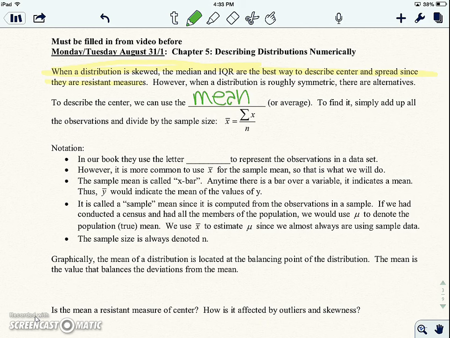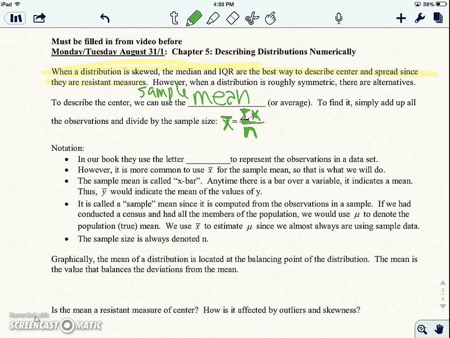Okay, and we're actually going to call this the sample mean if we're taking it from a sample. To find it, simply add up all the observations and divide by the sample size. So x bar means sample mean. This means the sum of x, so add up all the observations and divide by the number of observations. Okay?